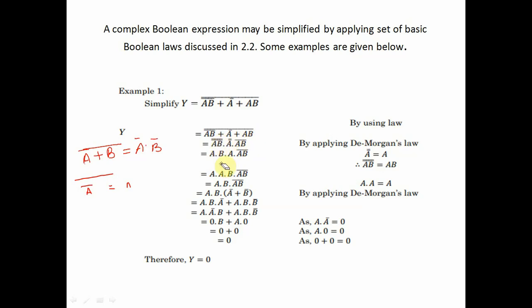Now by using Boolean laws, A double bar is nothing but A, so AB double bar is nothing but AB. So the first term is AB. Now A double bar is nothing but A, and AB bar is as it is. Now A into A is nothing but A, so instead of taking A two times, I take only one A. Now B stays as it is, dot AB bar, but here again I apply De Morgan's theorem to AB bar.